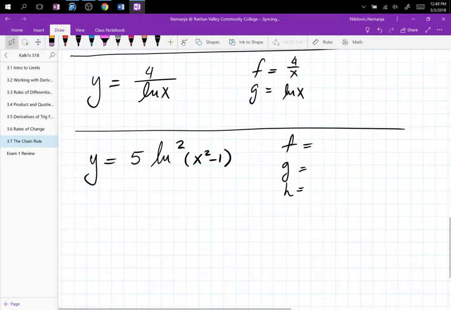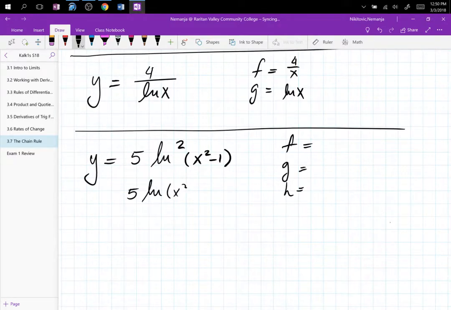So if I rewrite this, it's 5 ln x squared minus 1, and then this thing is squared. I can write the square on ln, or I can write the square on everything. So 5x squared is where we begin.